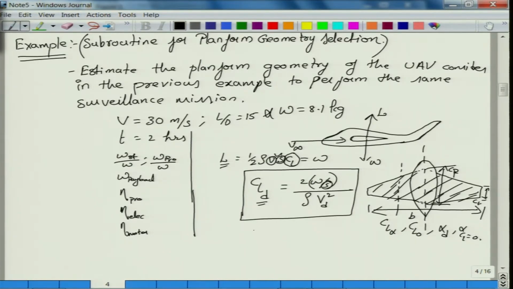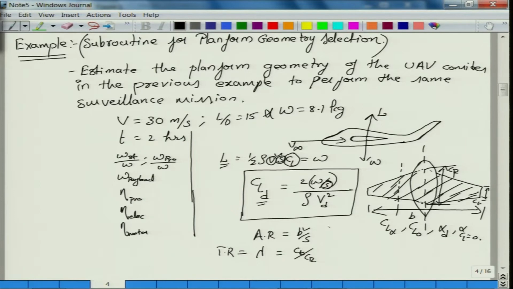But it is always better to deal in terms of non-dimensional parameters before talking in terms of dimensional variables like CR, CT and B here, right. The non-dimensional parameters for wing planform are aspect ratio, which is B square upon S, and taper ratio lambda, which is CT upon CR, right.